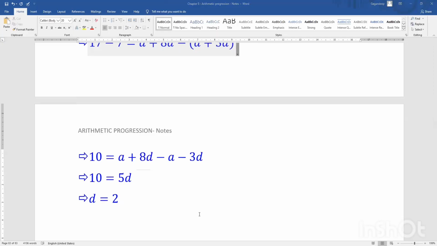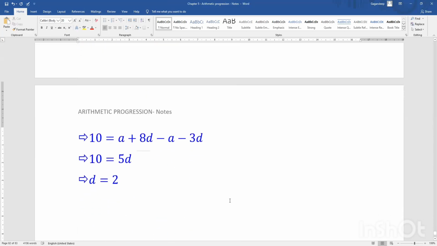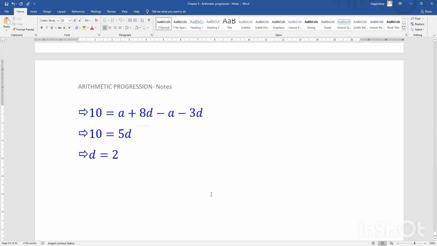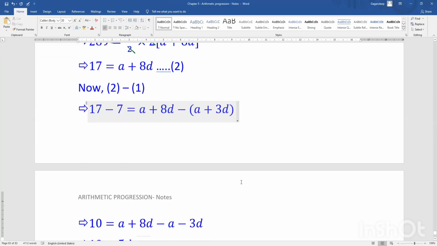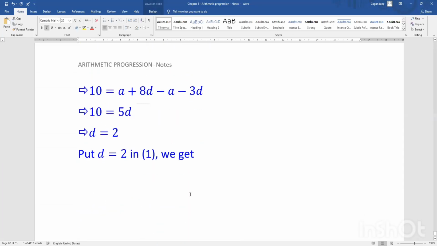Next, what I do is I take, you can take any one equation, either equation 1 or equation 2, and do the substitution. So what I'm going to do is put d equals 2 in 1. So let us take this first equation.